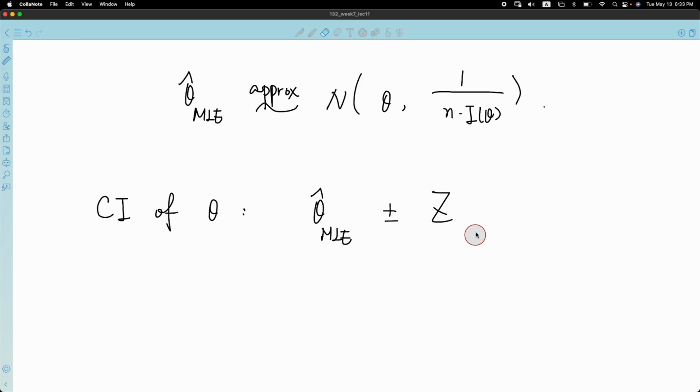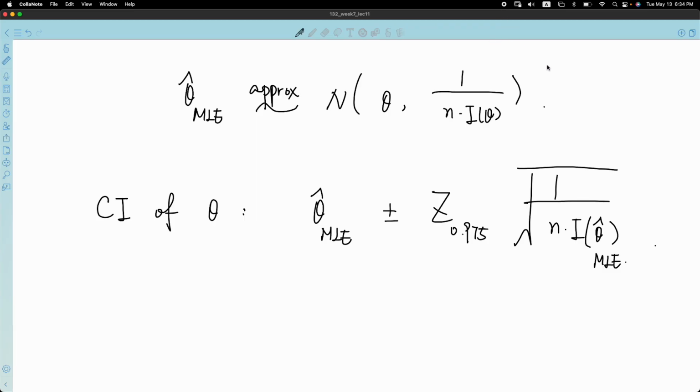Let me put it more precisely: the 0.975 quantile, plus and minus. I'm taking the right-hand side, and then you multiply by the square root, for the standard deviation, of 1 over n times the Fisher information, where you plug in the estimator that you construct. Okay, so this is what you can do in practice.